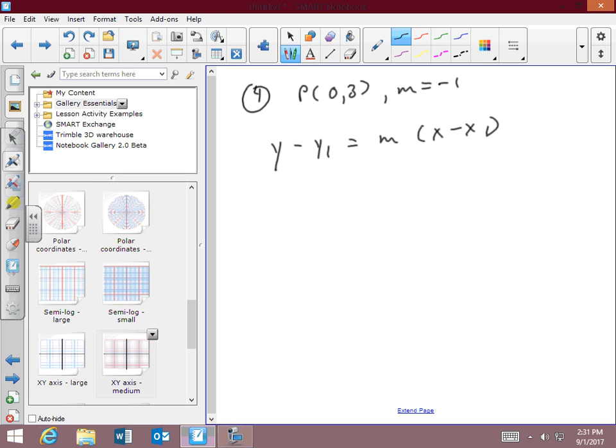And then in red, I'm going to insert what I know. I don't know the y, but I do know the y1. y1 is 3. I do know the m. I don't know the x, but I do know the x1.